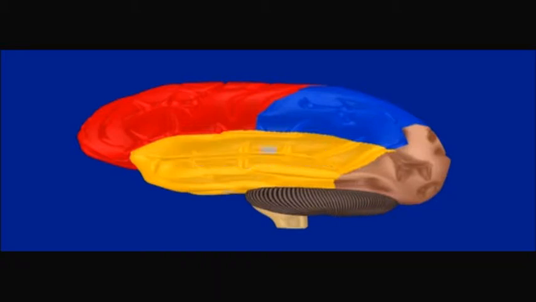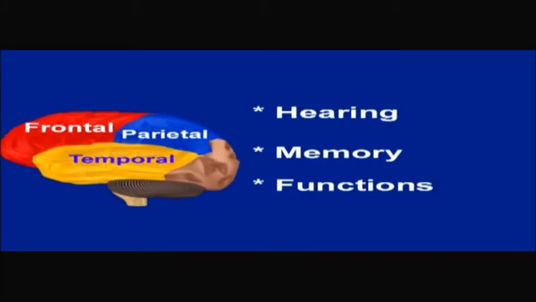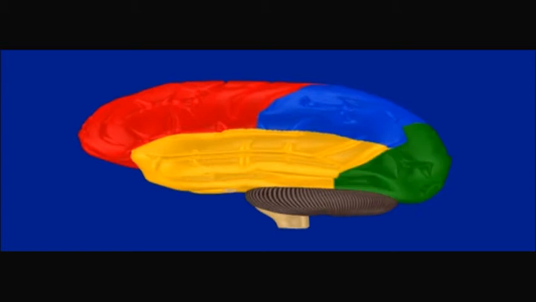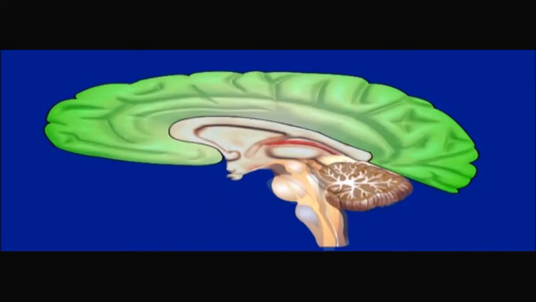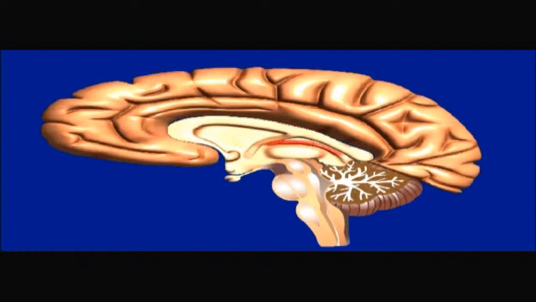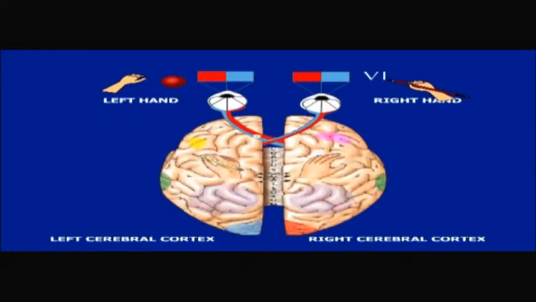Temporal, controls hearing, memory and functions. And occipital lobes, which process visual images. Cerebrum is the center of controlling several functions in the body. The right cerebral hemisphere controls the functions of the left side of the body and the left cerebral hemisphere controls the functions of the right side of the body.